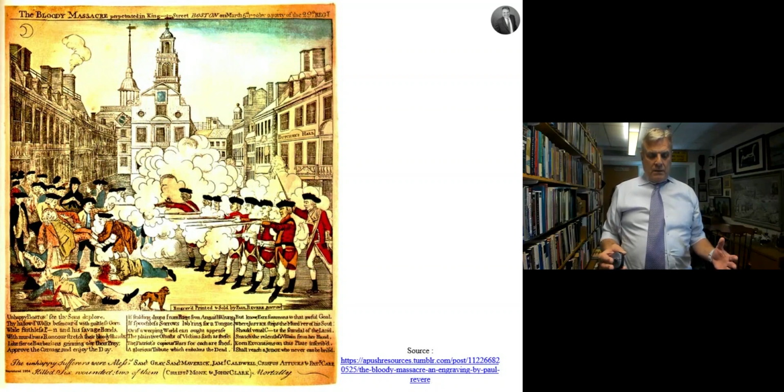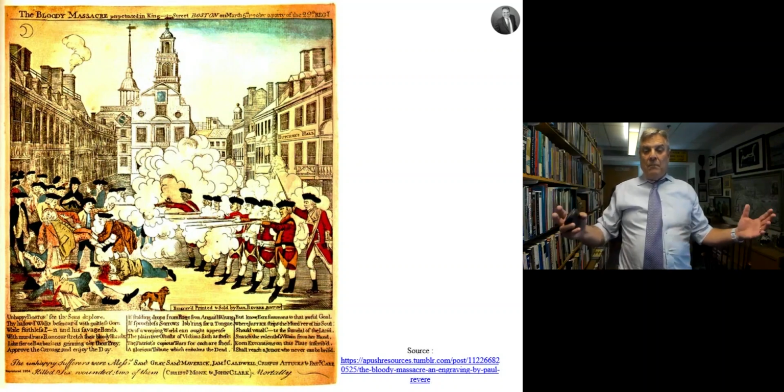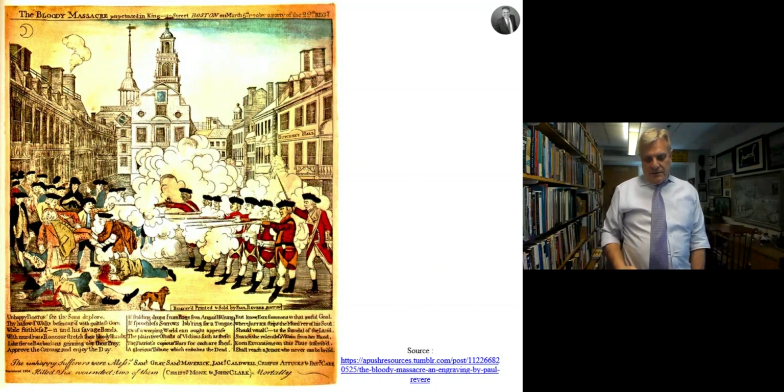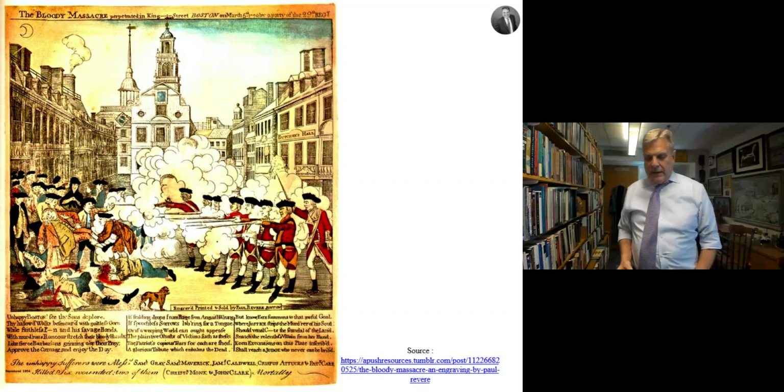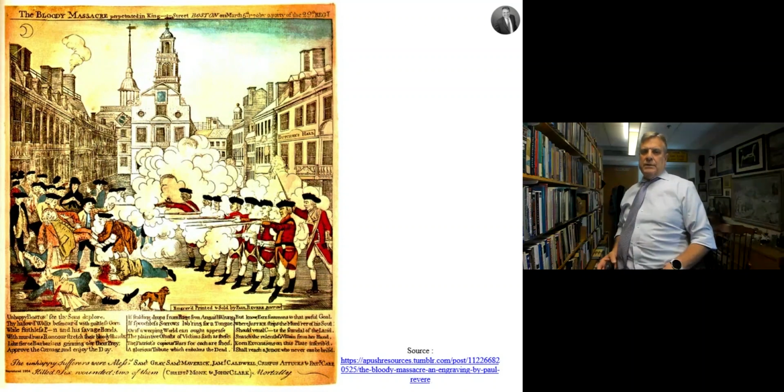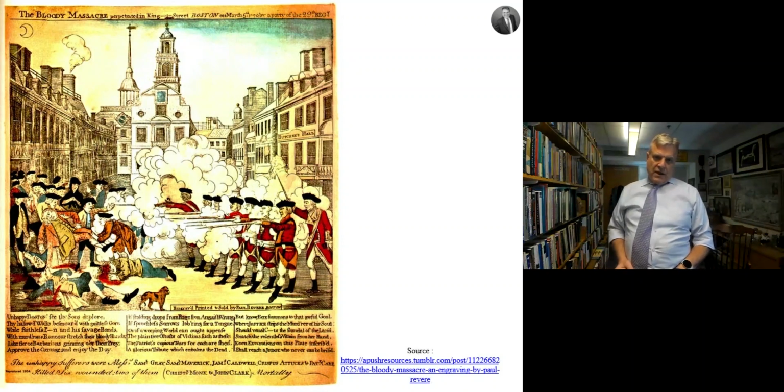They were being attacked by a mob, and one of the soldiers who was hit by an ice ball turned around and his musket fired. But this is the basic idea that this tyrannical British Crown is firing on the people, and our revolution begins.